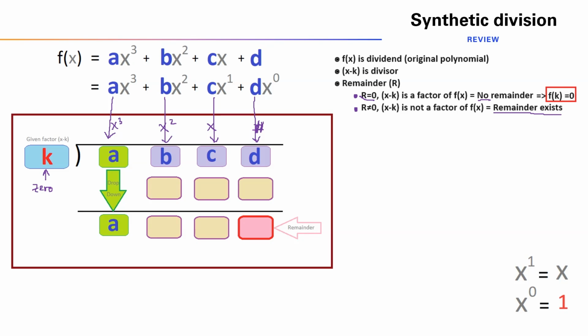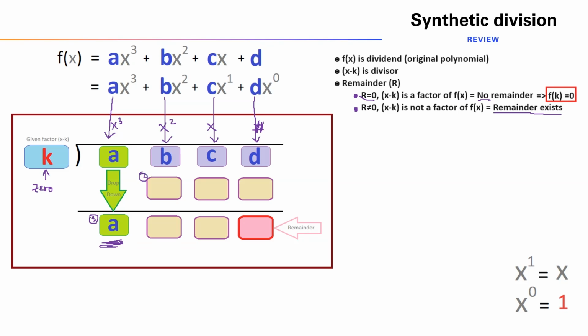And how do we do it? We set up the coefficients and we find the k. The first coefficient, the first position, always drops down as it is, and the next one is this spot. So this is the first box, the second box, right?